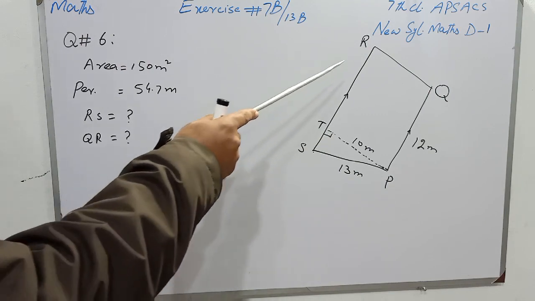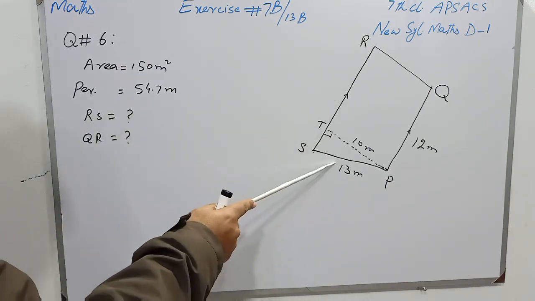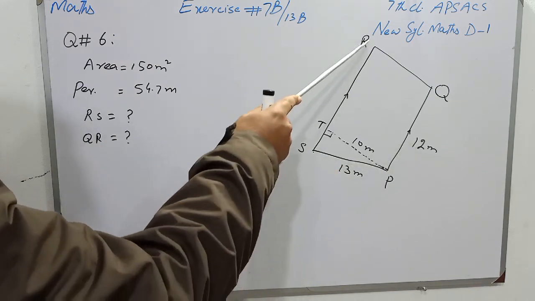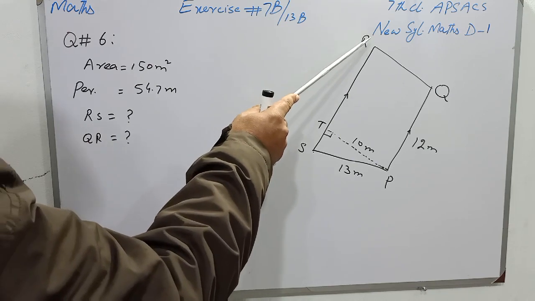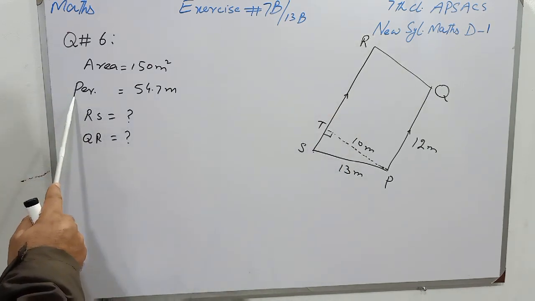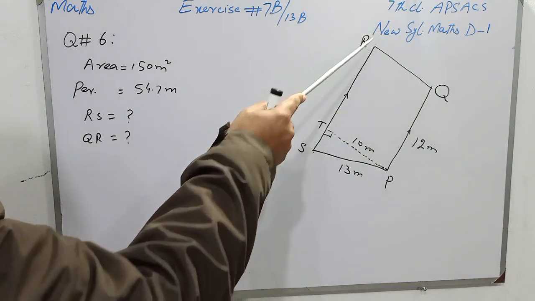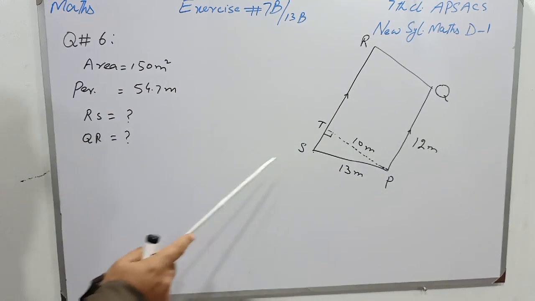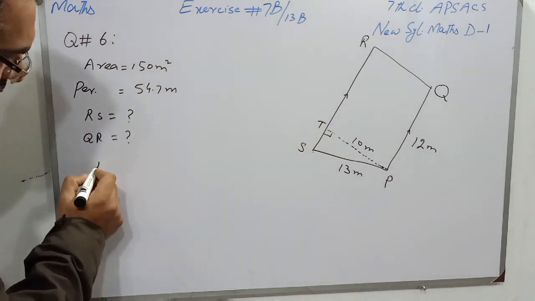And students, when we find the value of RS, then perimeter is given, this side is given, this side is given, and the value of RS we will have found, and then we will find the value of RQ by using the formula perimeter of trapezium is equal to PQ plus QR plus RS plus SP. So students, we will apply the formula.